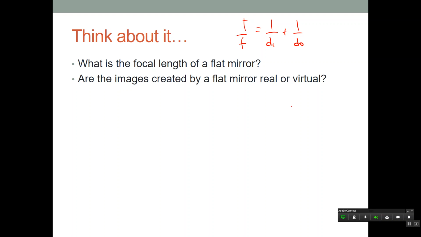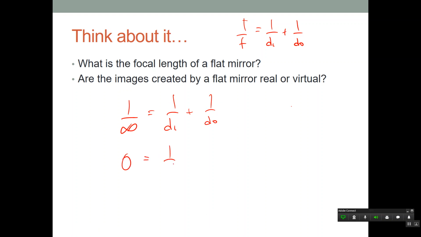And half of infinity, which is where my focal point is supposed to be, is also infinity. So that means I have this equation: 1 over infinity is equal to 1 over di plus 1 over do. What's 1 over infinity? Yeah. So 0 is equal to 1 over di plus 1 over do.